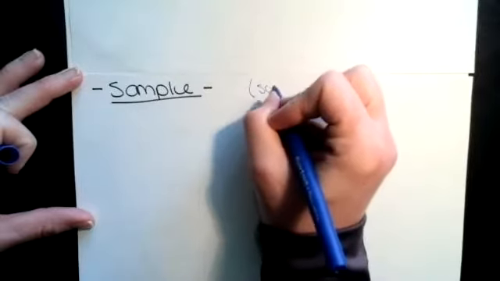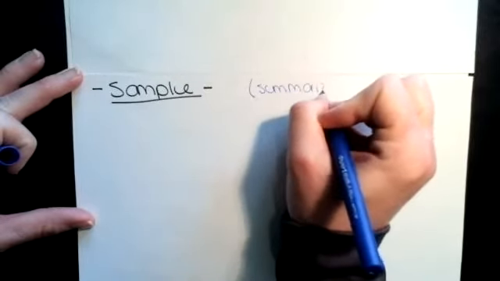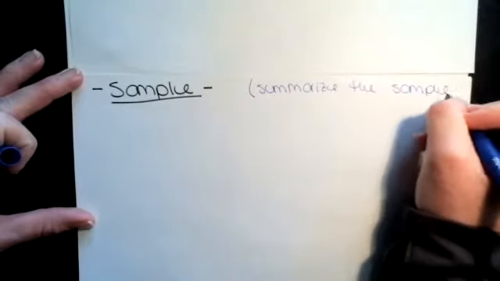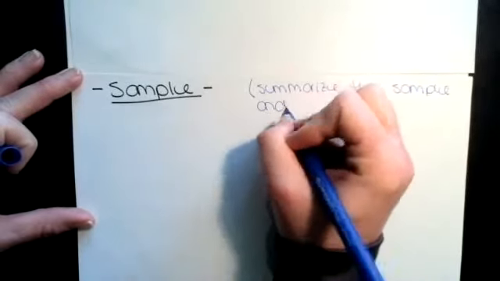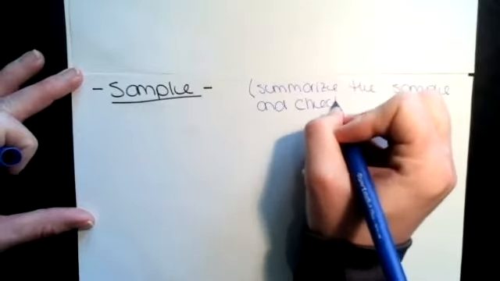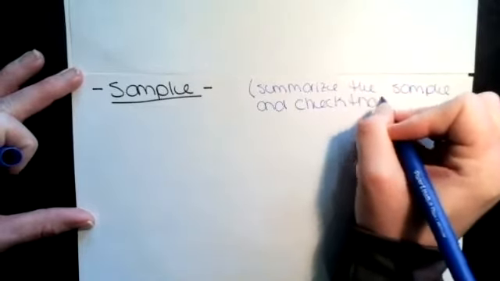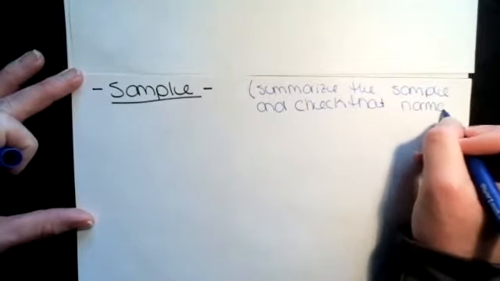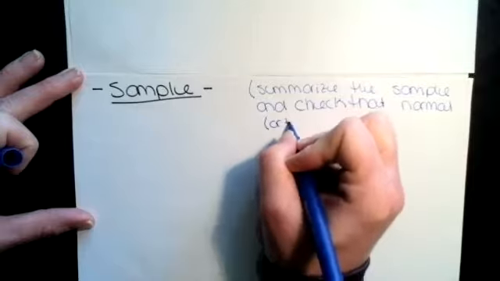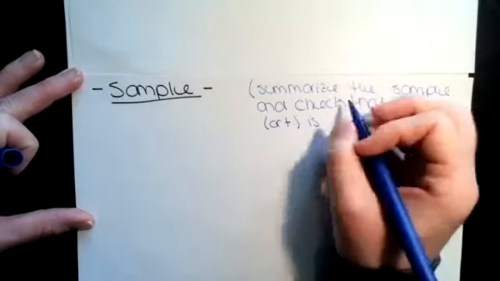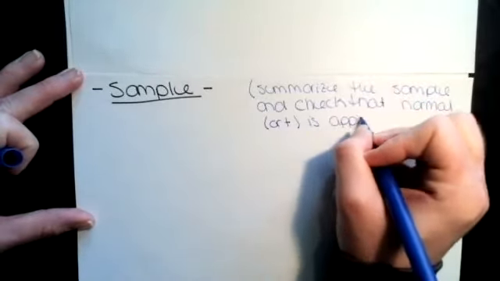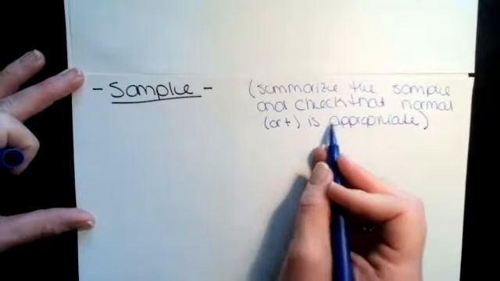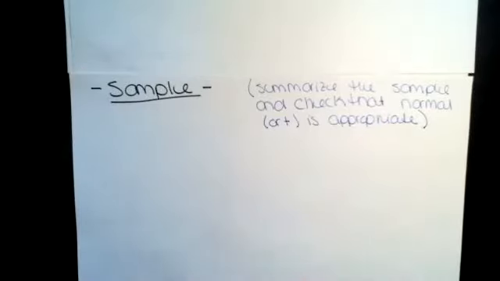So this is going to summarize the sample and check that normal, or T, is appropriate. What I mean by that is I'm going to use my normality check here.